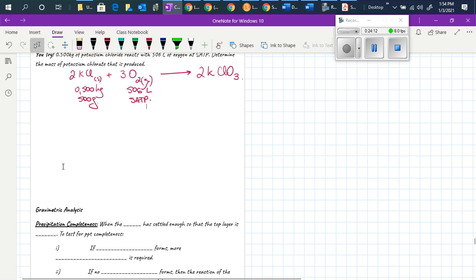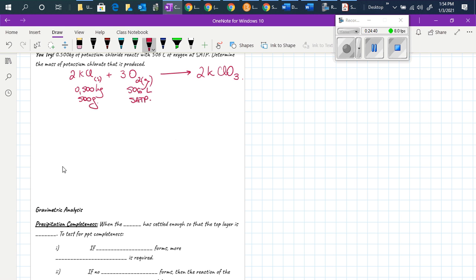If we are doing it the way that I have done it up to now, we will identify the moles of potassium chloride, and then the moles of oxygen, and then see which one is the limiting reactant, and then pick that and do stoic.